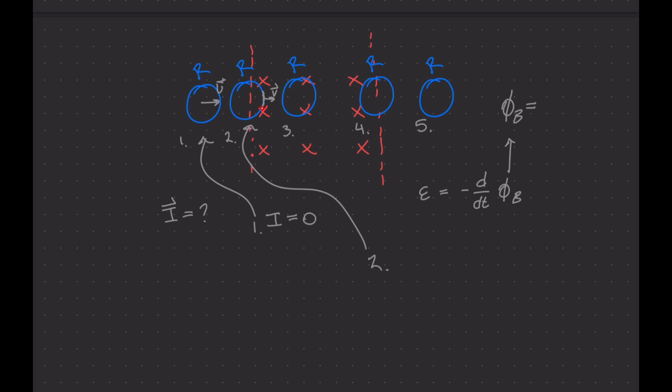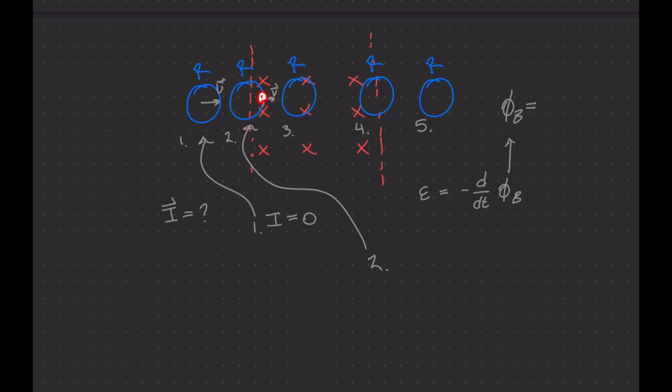Imagine that these little charges on this part of the wire are going this direction with a velocity v, and they feel a force due to the magnetic field. The magnetic field is into the page. So you can do your right-hand rule, v cross b, and the middle finger is pointing completely upwards, right?